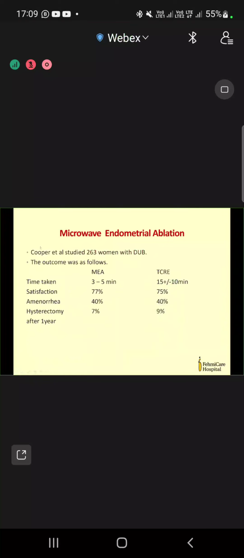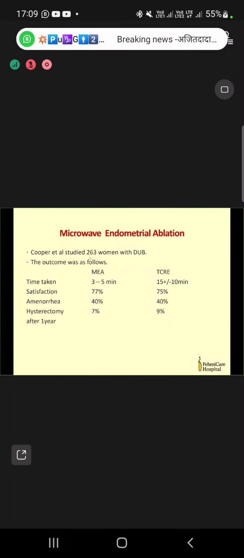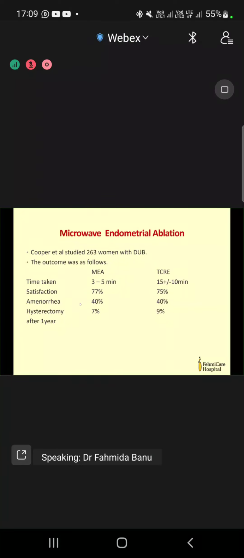So in one study where they analyzed the result, more than 250 women, the satisfaction of both the procedures is the same from the patient's point of view. The time taken for microwave endometrial ablation is 3 to 5 minutes only. In TCRE, minimum you need 15 to 20 minutes.